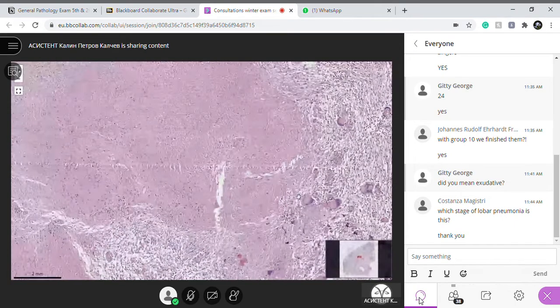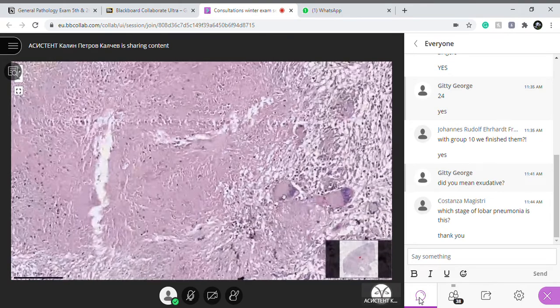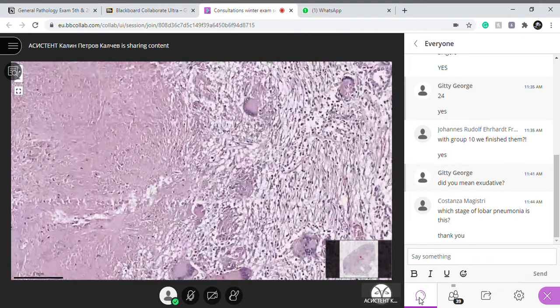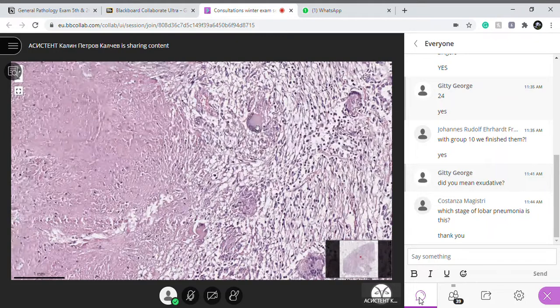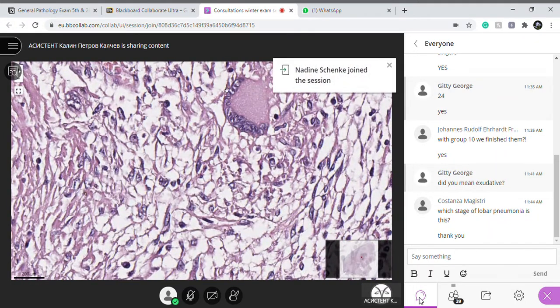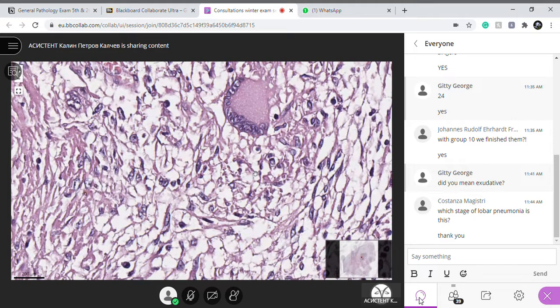The most typical cells in tuberculosis are the multinucleated giant cells. Here we see quite a few of them, and you see that they have multiple nuclei, and these nuclei are located at the periphery of these giant cells. Such giant cells, with the nuclei located at the periphery of the cell, not all over the cell, we define as Langhans cells.